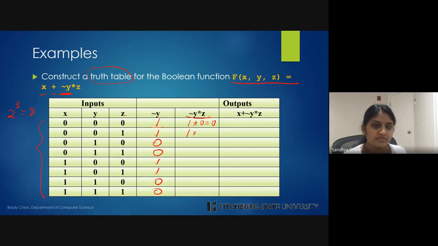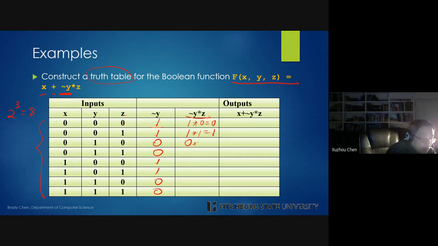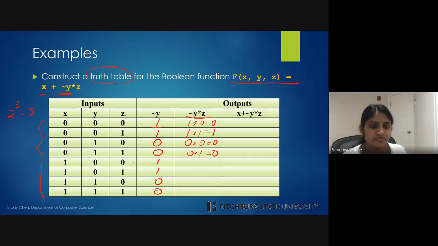1, 1, 1, that's 1, right? 0, 0, whatever, it's always 0, whatever the second value. So that's 0. 1, 0, 1, 0, that's 0. 1, 1, 1, that's 1, because z is 1.